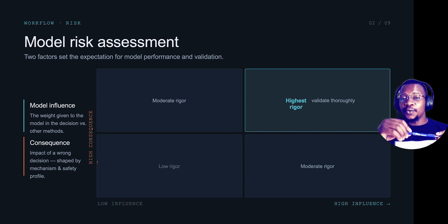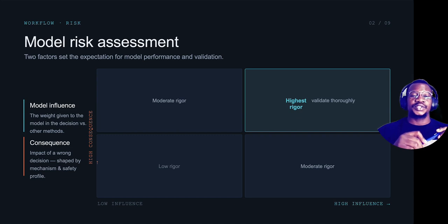That is the consequence of making a wrong decision. And the low influence, nothing major. High consequence, low influence, just moderate rigor, as well as high influence, high consequence.